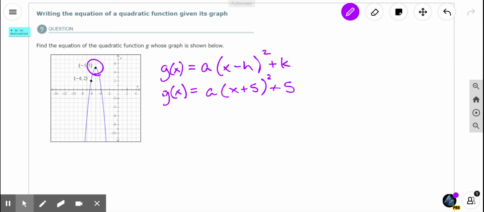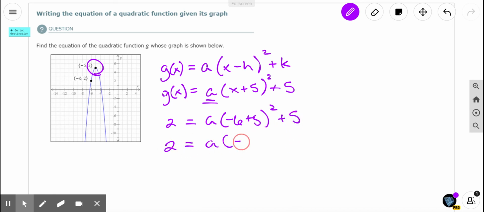Okay, so I plugged in the vertex. Now I'm going to plug in a point to solve for a, because a is the only thing I need. So I go 2 equals a times (-6 plus 5) quantity squared, plus 5. 2 equals a times -1 squared plus 5. -1 squared is 1.